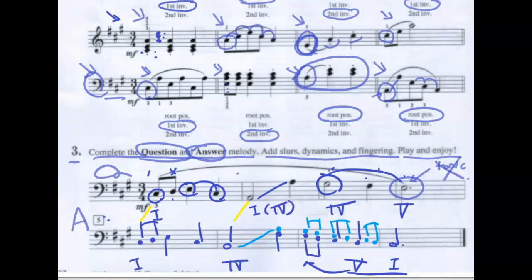Version 1, ready, go. Okay, here comes version 2.